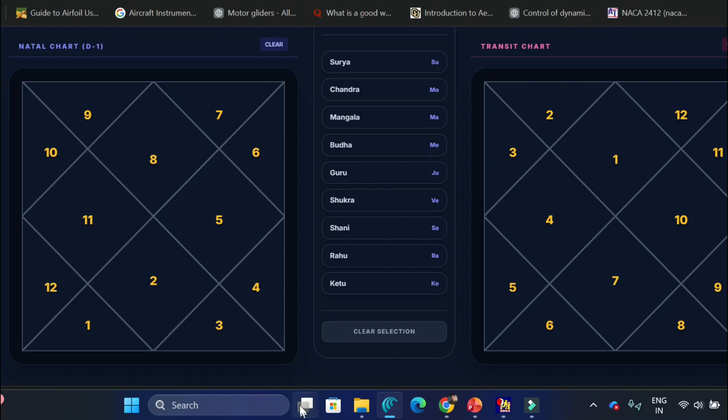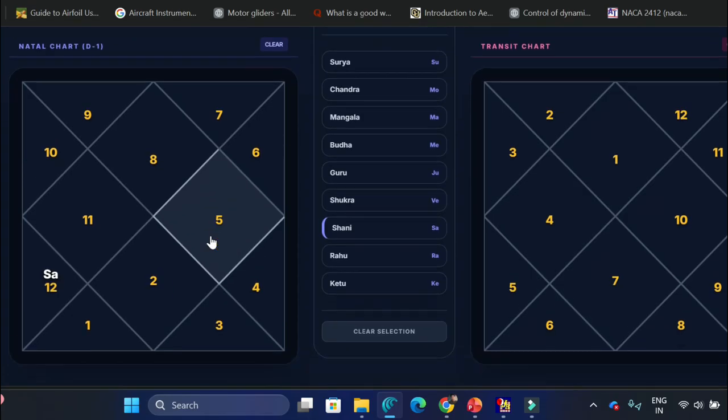Okay, so Saturn takes 2.5 years to cross one sign. Now can anyone tell where Saturn is right now? In Pisces. Okay, so Saturn is in Pisces. Now let's say a chart comes and he says this is a 10-year-old boy and this is his chart.